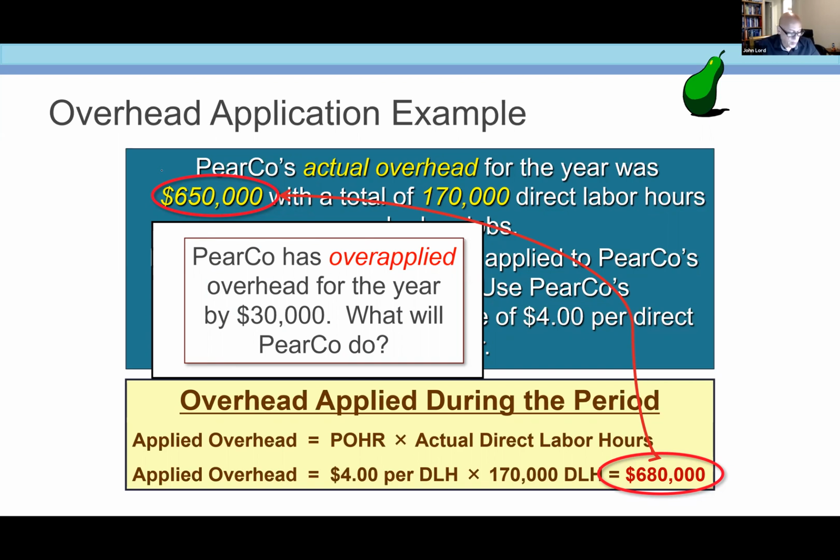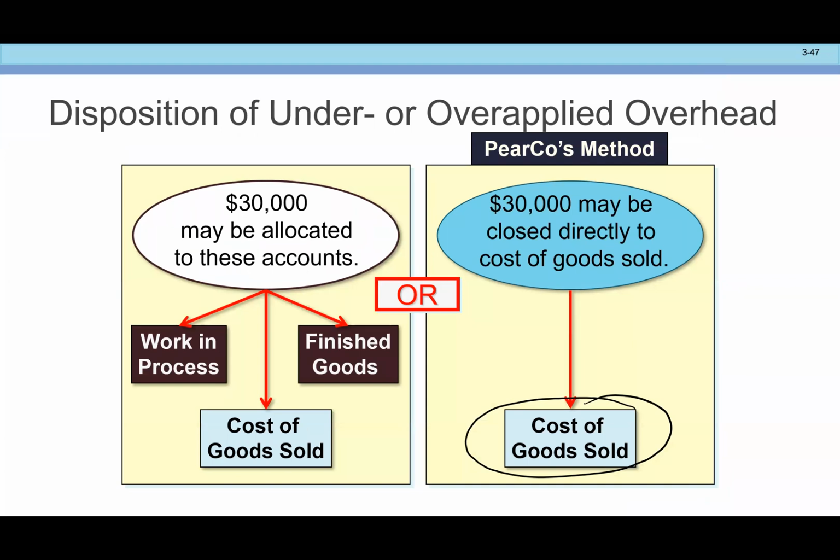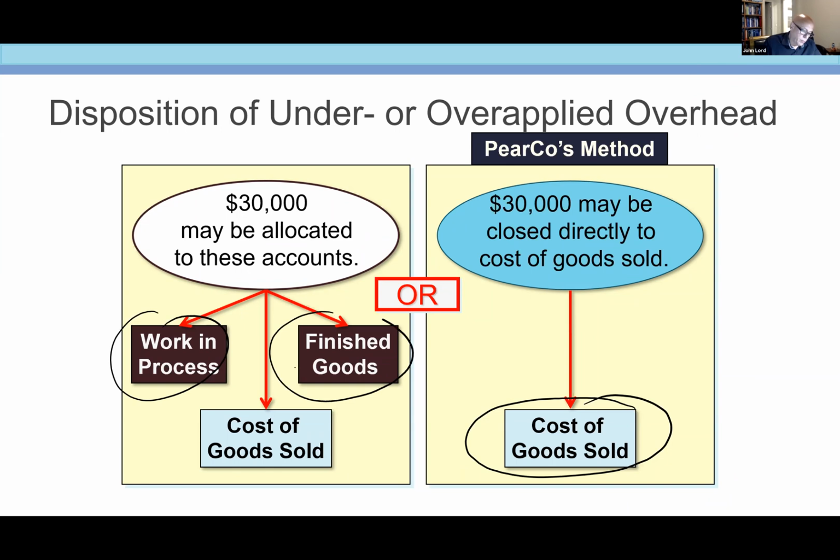So what are we going to do? Well, in this class, we will always take that under or over applied amount and take it to cost of goods sold. You could allocate it between work in process, finished goods, and cost of goods sold. And think about it, guys, because some of those overhead costs, if the jobs aren't done yet, may still be in work in process.